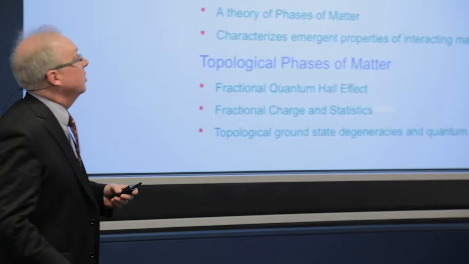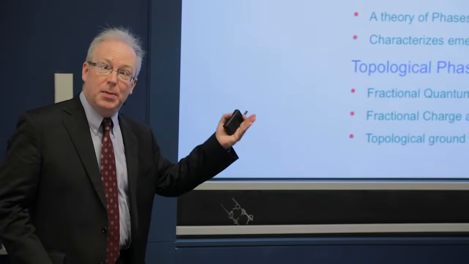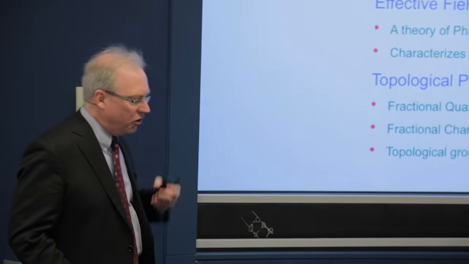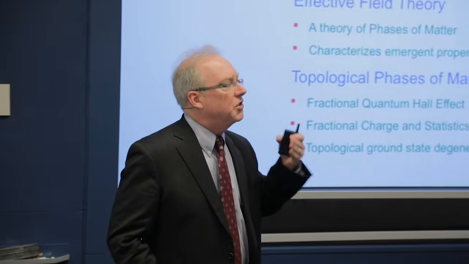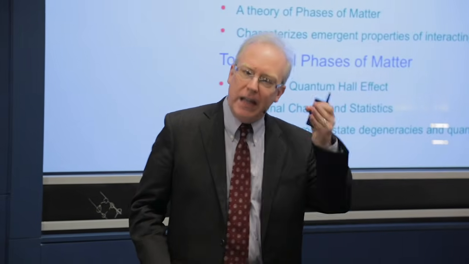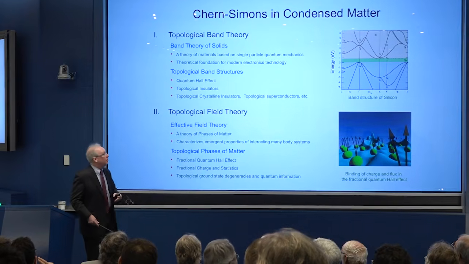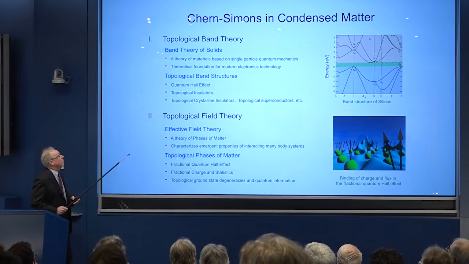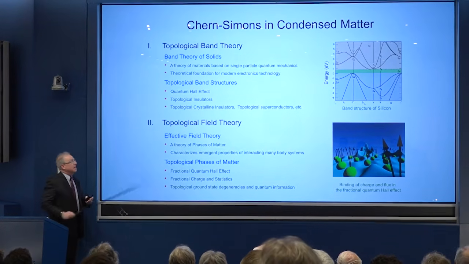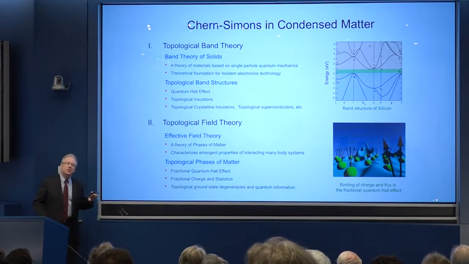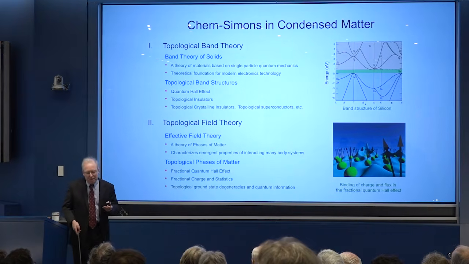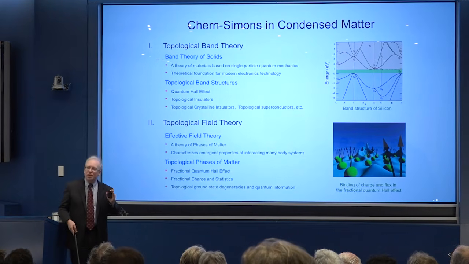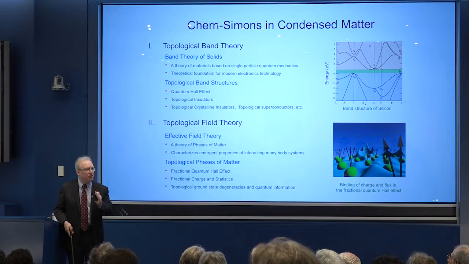I want to describe to you Chern-Simons in condensed matter physics, and there are 2 different ways in which it shows up, which are related to each other, but really different. The first one that I want to describe is in the context of the band theory of solids. Now, band theory was one of the biggest triumphs of quantum mechanics in the 20th century.